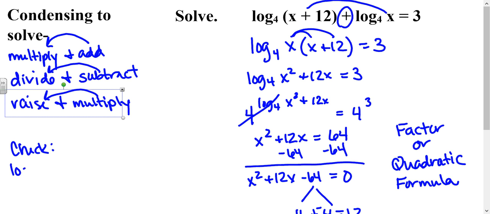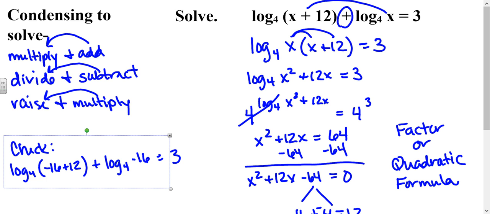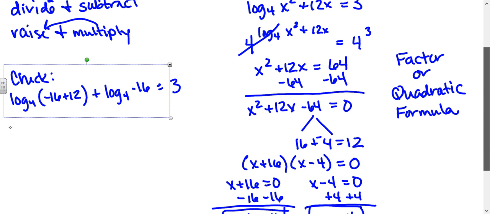So I have log base 4 of negative 16 plus 12 plus log base 4 of negative 16 equals 3. Well, there's a couple of different ways that you can do this. I get log base 4 of negative 4 plus log base 4 of negative 16 equals 3.